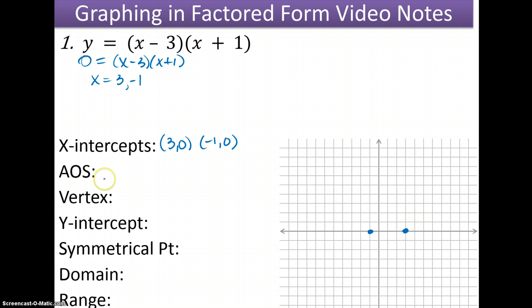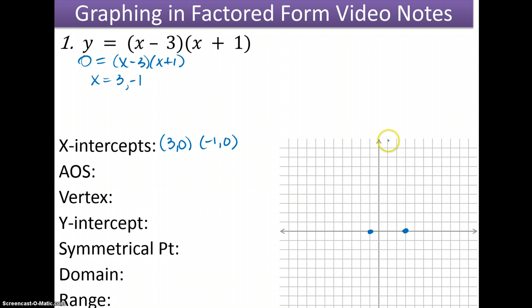The next thing we're going to take a look at is the axis of symmetry. A reminder that the axis of symmetry is the vertical line that divides the parabola in half. So if we look at these two x-intercepts, we know that the axis of symmetry is going to have to be halfway in between them. If I count the spaces, 1, 2, 3, 4, that means the axis of symmetry has to be 2 spaces away from each x-intercept.